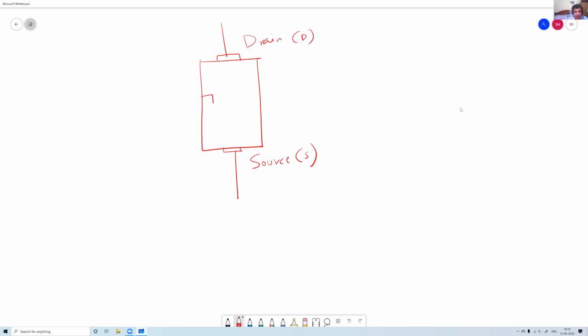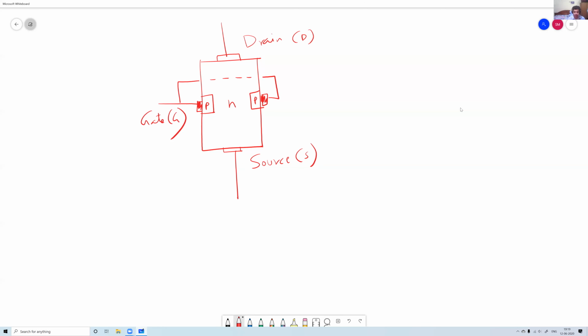And there are two highly doped P regions, and both of them form the gate terminal, and they are internally shorted. So this is my gate. So this is an N channel JFET. So the bulk of this is N. However, there are very highly doped P regions as well.